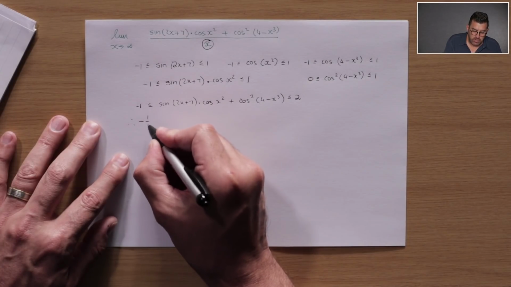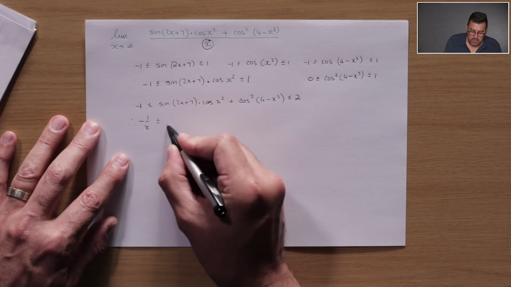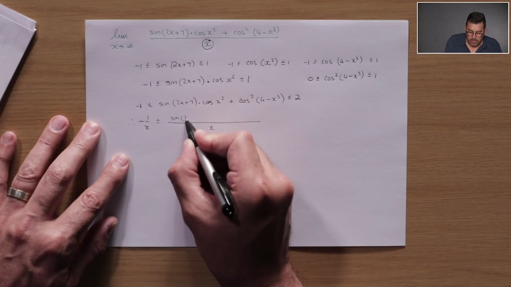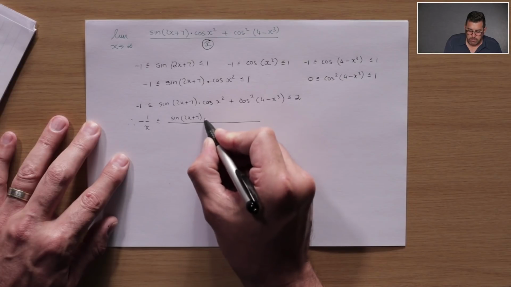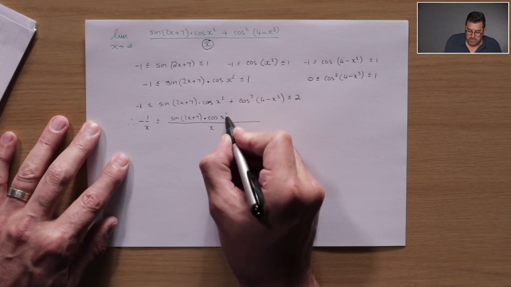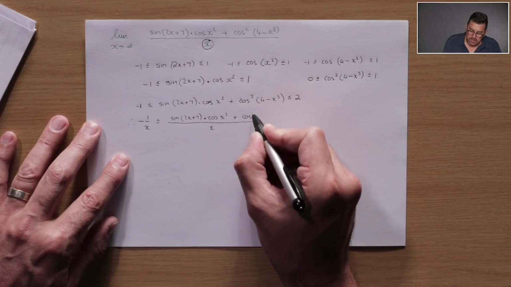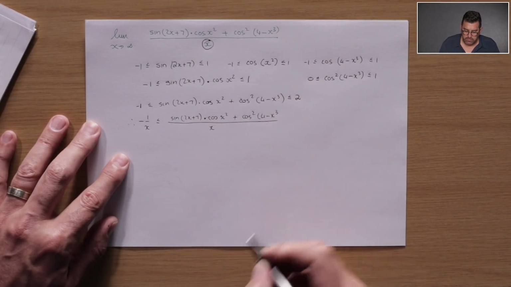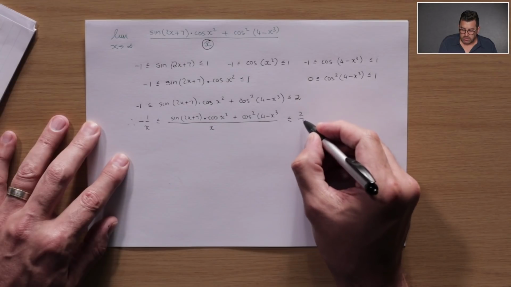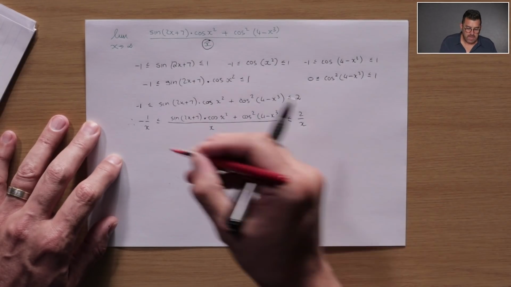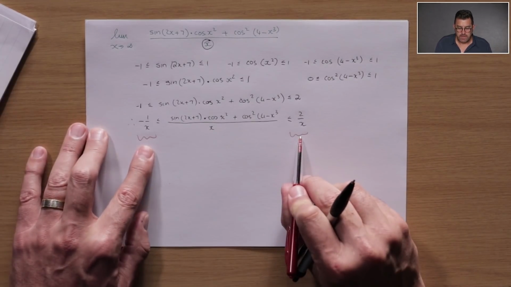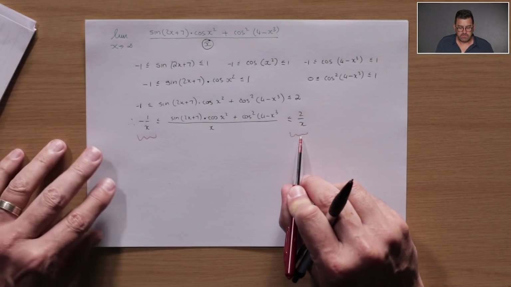So I have -1 over x is less than equal to, let's write it over x, the sine of 2x plus 7, multiplied by cosine x squared plus cosine squared of 4 minus x cubed. That's a mouthful, which is less than equal to 2 over x. And now we're going to squeeze. We're going to see what happens over there if x approaches infinity.